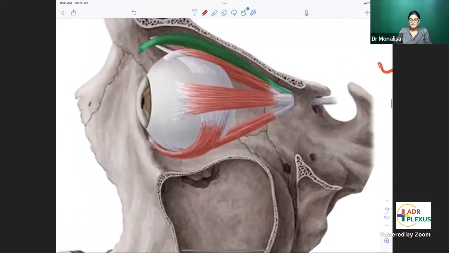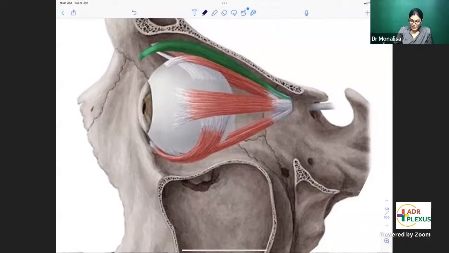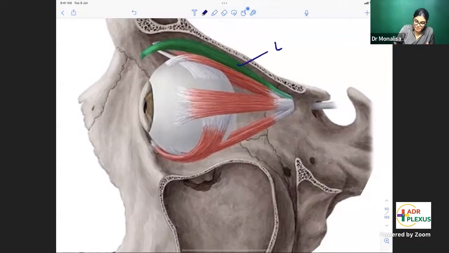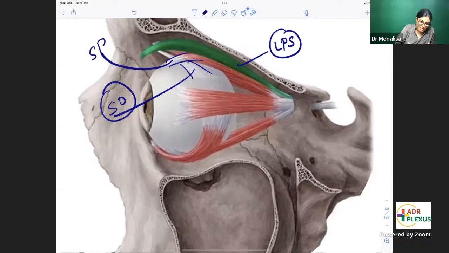So if I enlarge this image, you can clearly identify the muscles here. This green color muscle is the LPS muscle, most superiorly. The muscle with an oblique direction is SO, superior oblique, and just above SO, this muscle is SR, superior rectus.